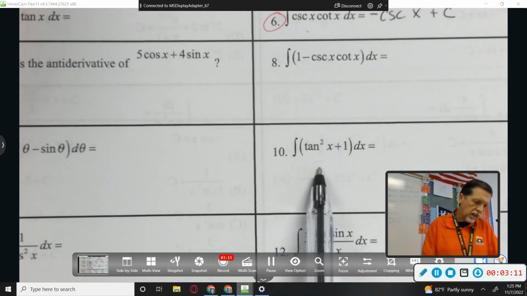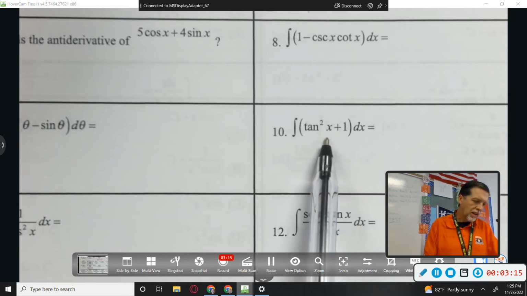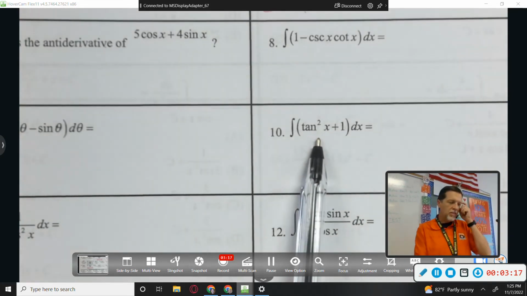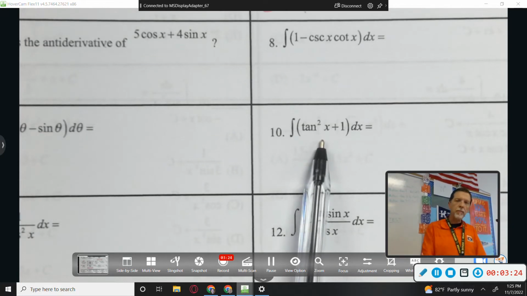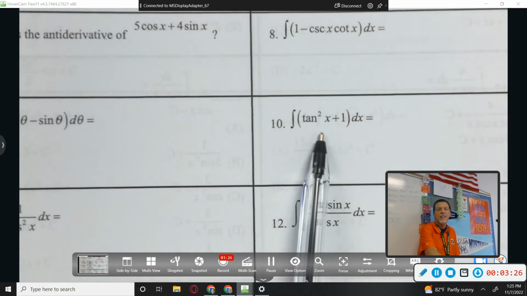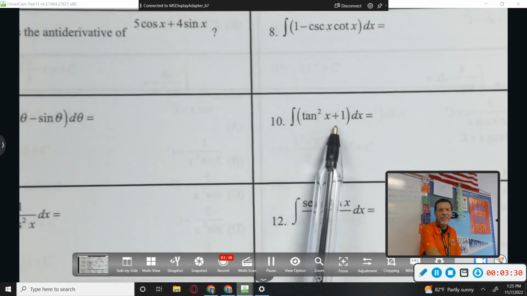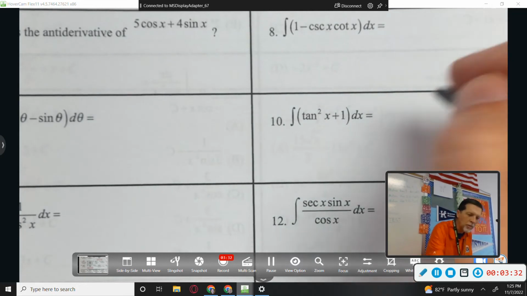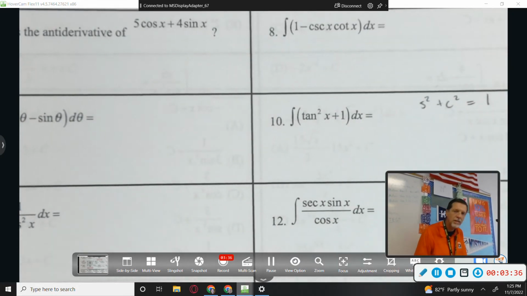Let's see. Tangent squared plus 1. I don't see a derivative. I don't see a trig function whose derivative is tangent squared. But, pre-cal students, I do remember something about sine squared plus cosine squared equals 1.